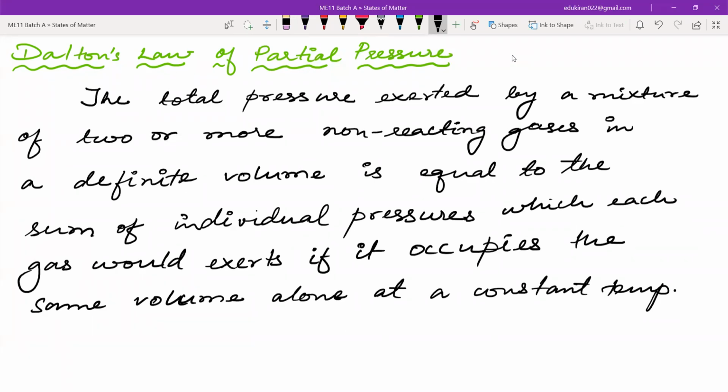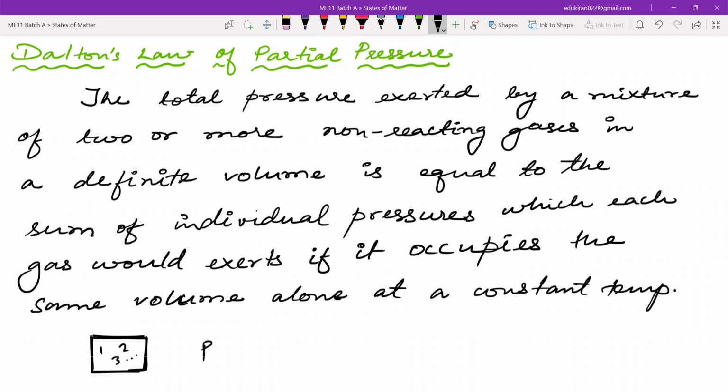But conceptually speaking, it can be just written in one mathematical statement. If you have a definite volume, this is a rigid chamber. This has volume which is definite, and you have gases 1, 2, 3, and so on. There are some other gases 4, 5, 6, and so on.